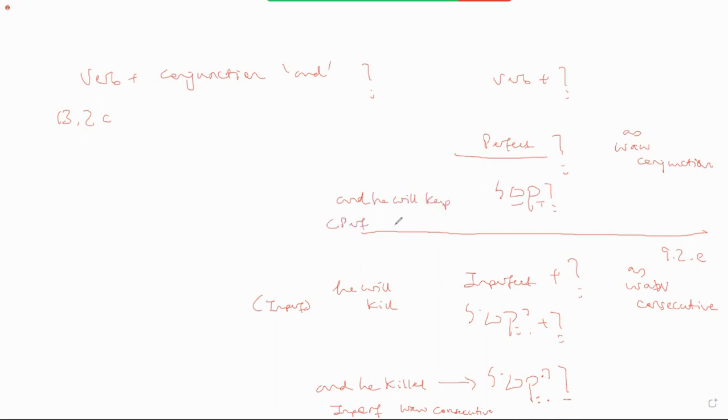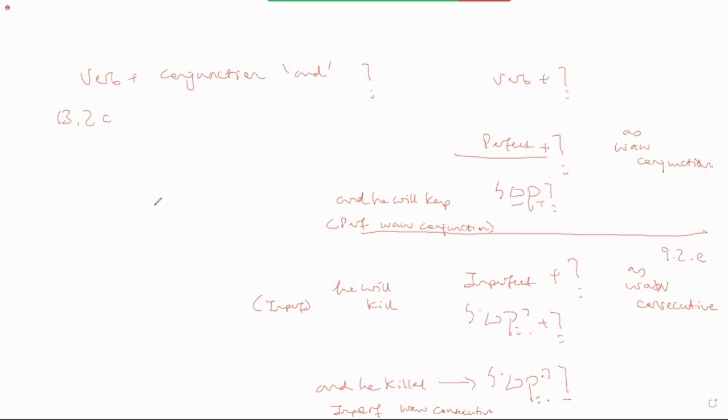Although it is a perfect, but it is with a vav conjunction. So adding the vav changes. Okay, so if you put the perfect plus a vav conjunction, then it becomes like an imperfect, and you have to translate as and he will keep. And then the reverse, if you use an imperfect with the vav prefix conjunction, then it will become a complete action, and he killed.